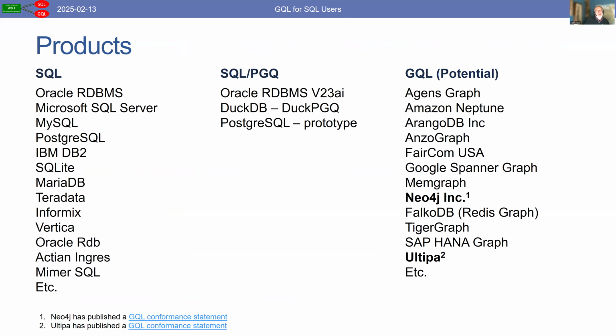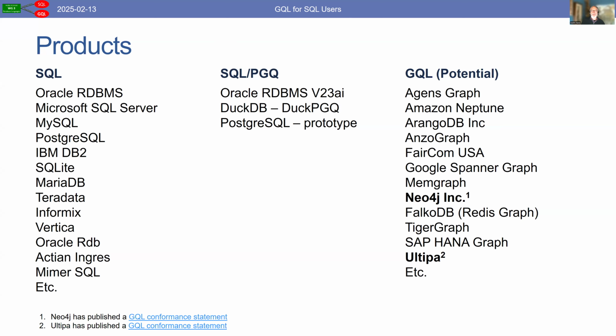All right. So what products do all of this? Well, SQL has been around for a long time, so there are lots of products: Oracle, Microsoft, MySQL, MariaDB, Postgres, et cetera. For SQL PGQ, the number of implementations is still a little bit small.